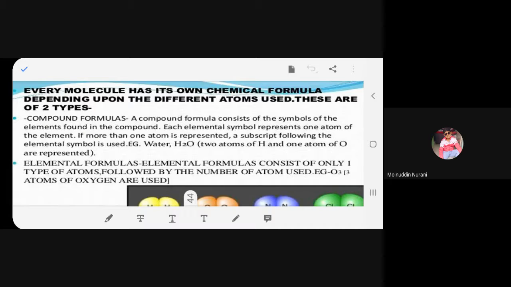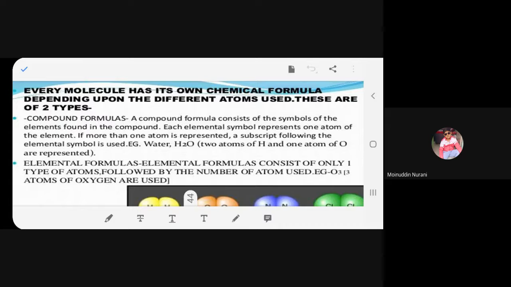Two atoms of H and one atom of O are represented. Elemental formulas consist of only one type of atom followed by the number of atoms used. For example, O3, three atoms of oxygen are used.